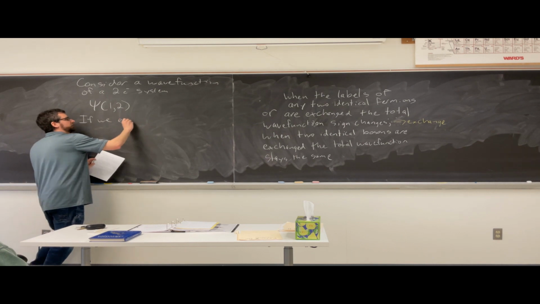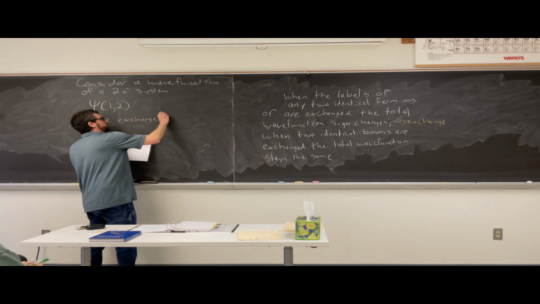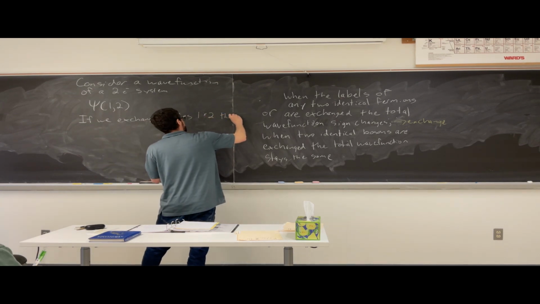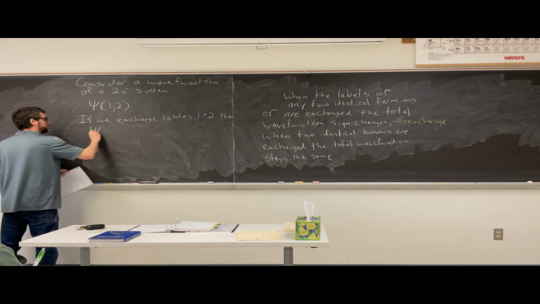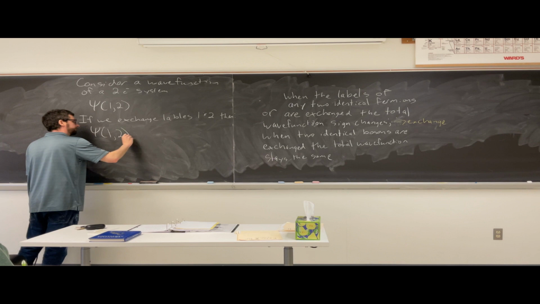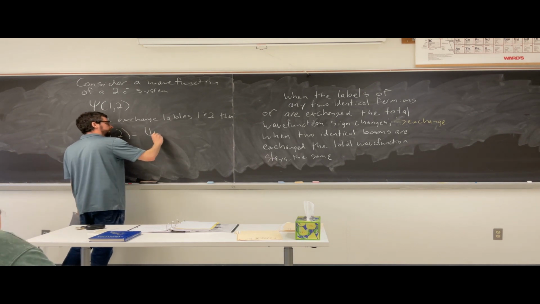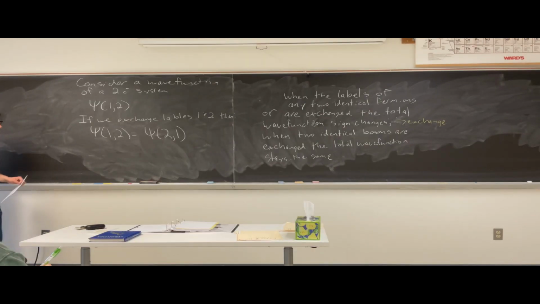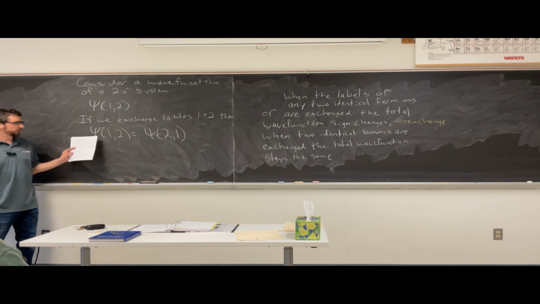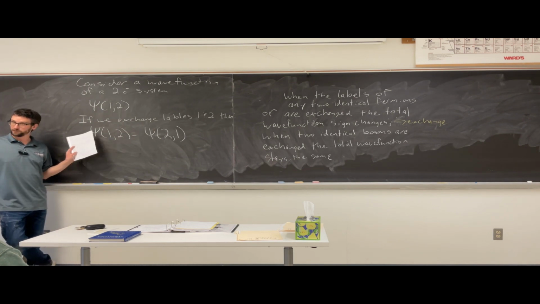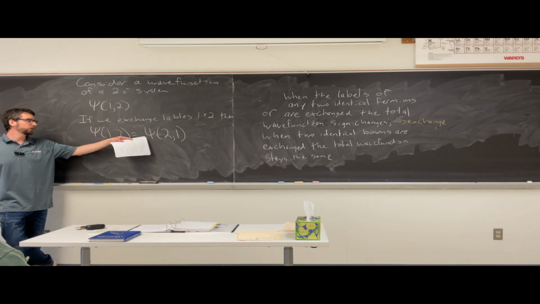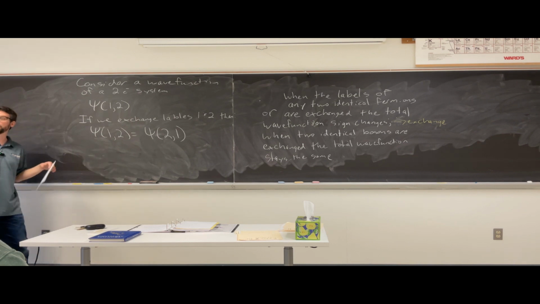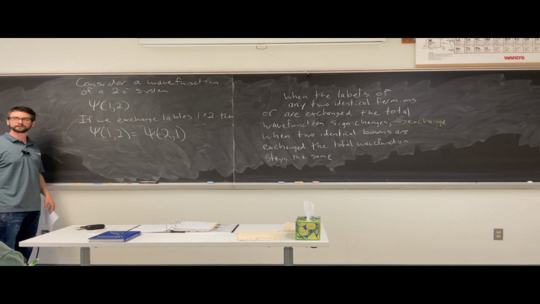If we exchange labels, so I switch the labels of 1 and 2 around, what needs to be in front of this wave function in order for that to be true, since we're talking about electrons, which are fermions?